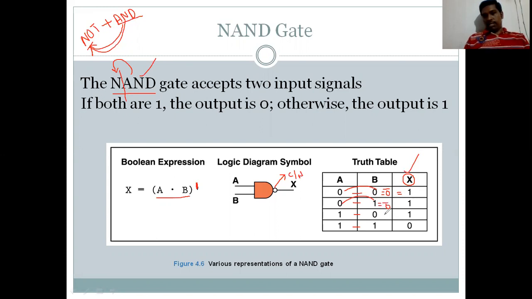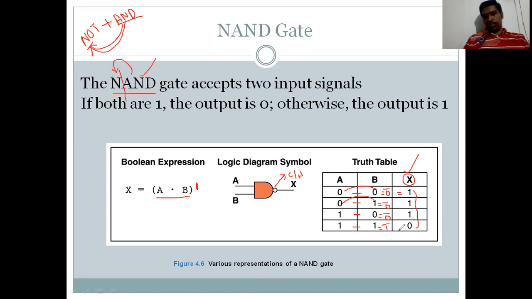Here also 1 into 0 is 0, again 0 complement, you will get 1 as the answer. Last one, 1 into 1 is 1, and 1 complement is 0. So 1110 is the answer you are getting.